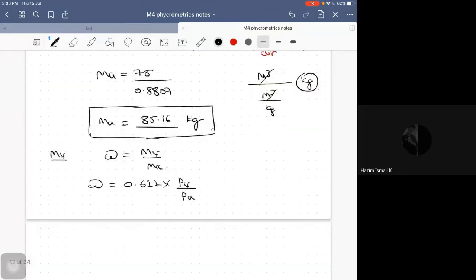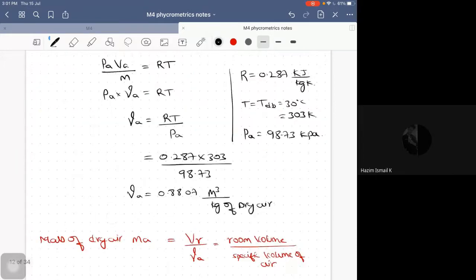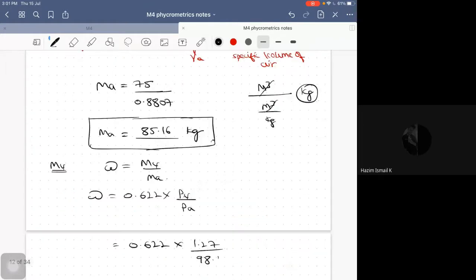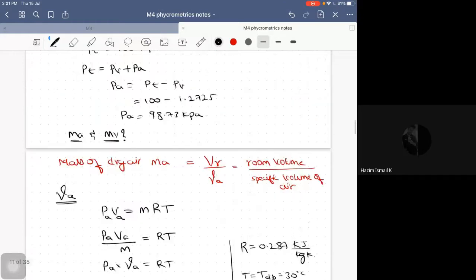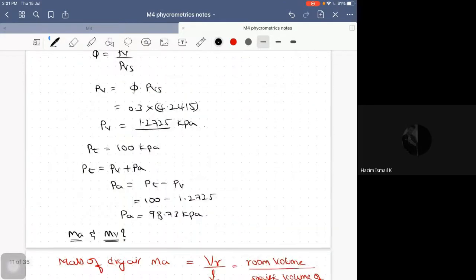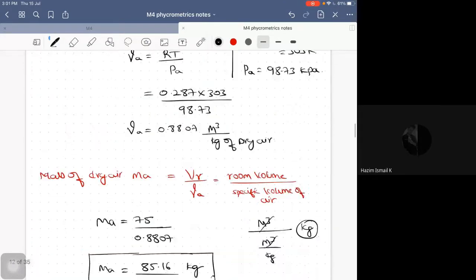PV value was 1.27 something and PA value was 98 point something. I don't remember exact values, just remember PA is 98.73 and PV is 1.2725.